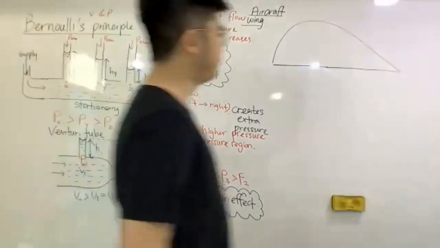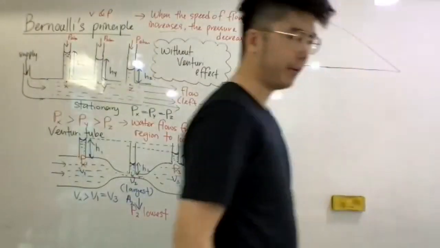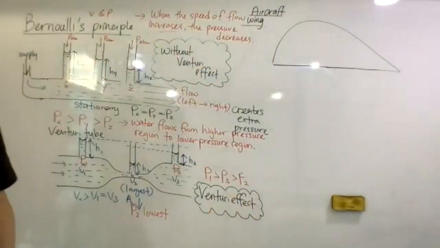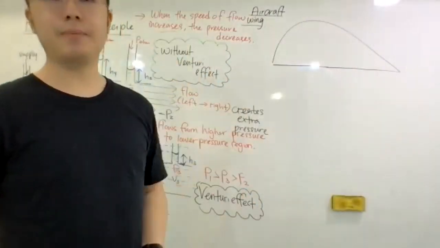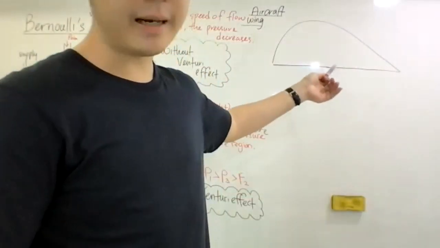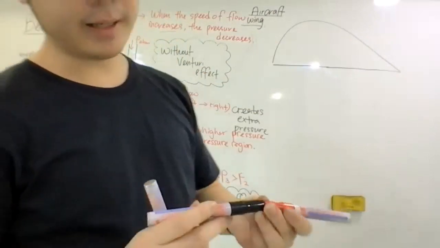All right, let's continue. Here from this diagram, I have an aircraft wing. Like, how do we relate to this diagram? Okay, this is the aircraft wing.